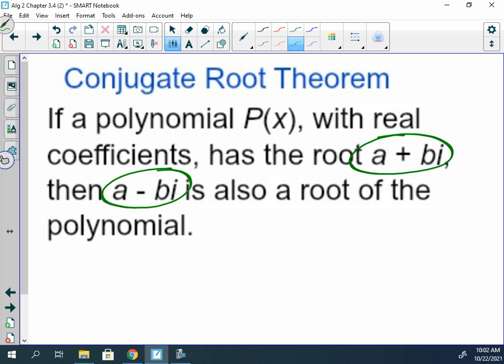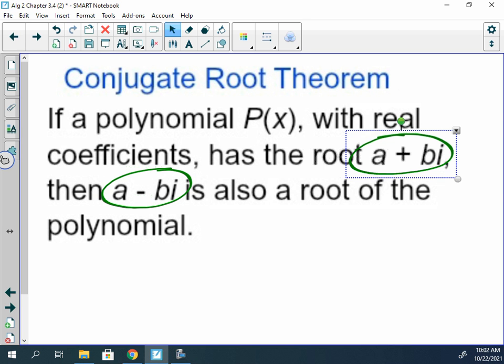The conjugate root theorem is really just saying the conjugate of a plus bi is a minus bi. We're really just changing the sign in front of the imaginary term. If bi is positive, its conjugate would be negative. Or if bi is negative, its conjugate would be positive. And that's really it.